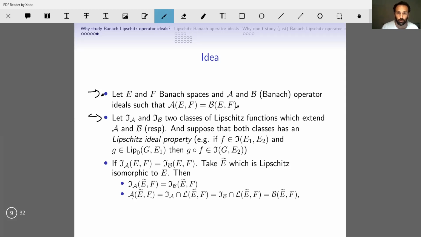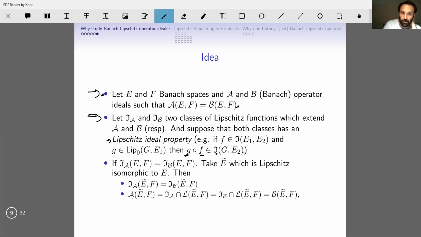Then, we take two classes of Lipschitz functions, I_A and I_B, which extend A and B respectively, but not just any classes, rather classes that have a Lipschitz ideal property. For instance, here I choose one that is closed under composition on the left by any Lipschitz function. That is, if we take a function in the class and compose on the left with any mapping in Lip0, the composition is still in the class.